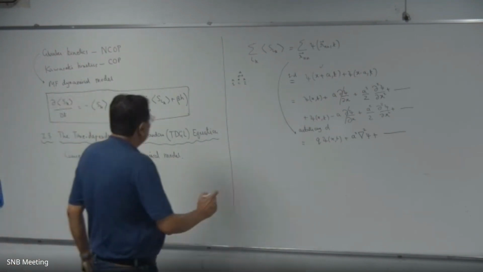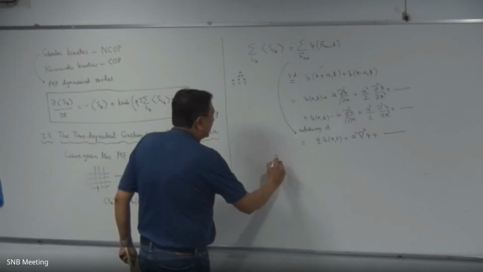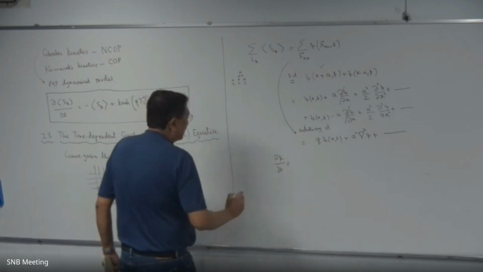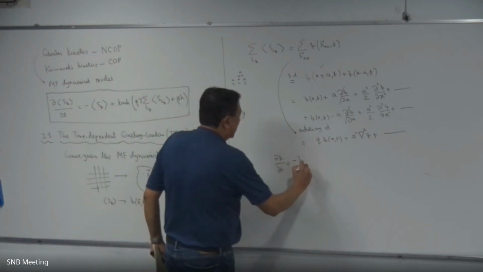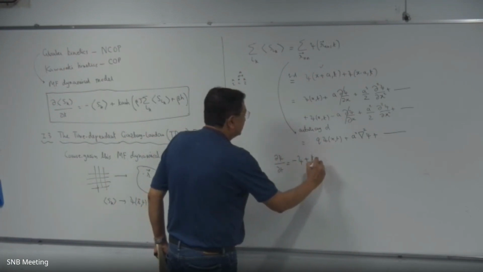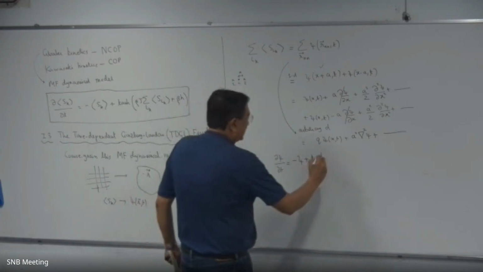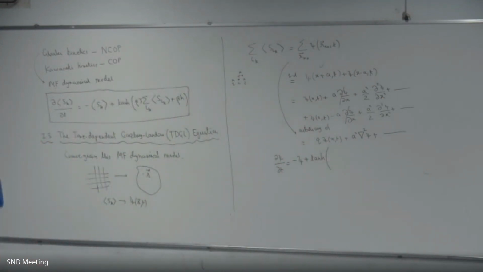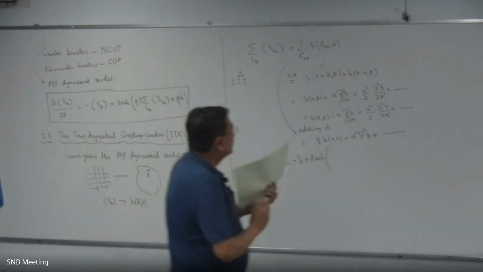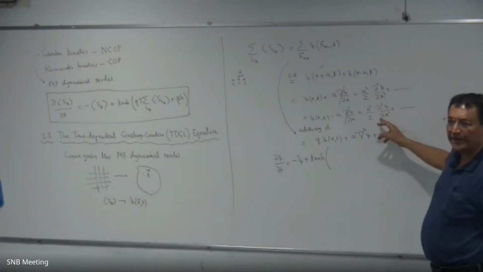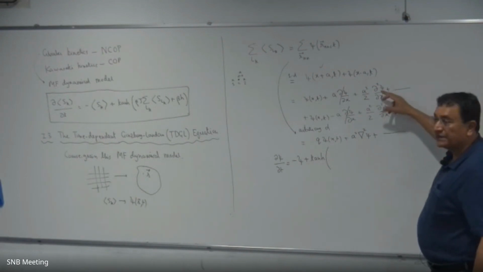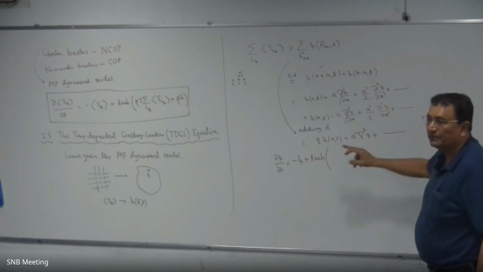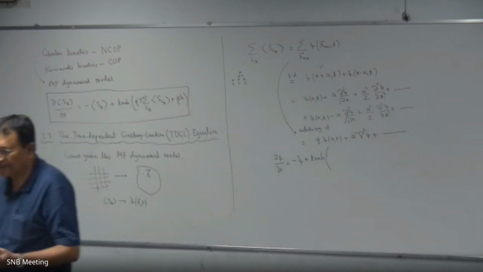Okay, so if I put this back into my mean field model, I get del psi by del t equals minus psi plus tanh. Sanjay, it would be q a squared by 2, right? Sorry? Q a squared by 2, the Laplacian one. No. Each direction gives del 2 psi by del x squared, then the y direction will give del 2 psi by del y squared. That's why I've combined it into this grad squared.